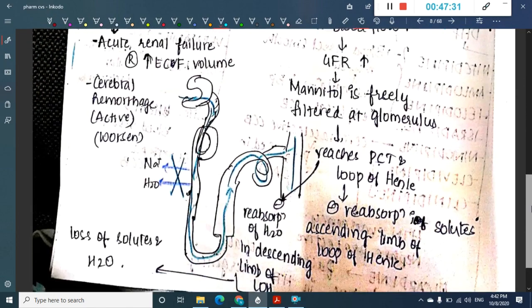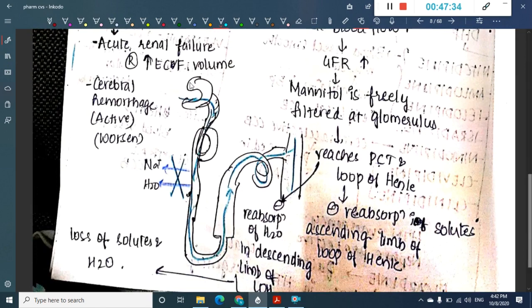Here is the Bowman's capsule, and these are the glomeruli. Once the high volume blood with lots of water and also mannitol, the osmotic agent, reaches the Bowman's capsule and the nephron, the water gets filtered, and along with that the mannitol also gets filtered. It is freely filtered at the glomerulus.